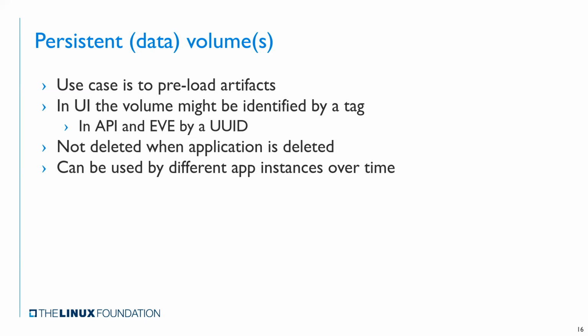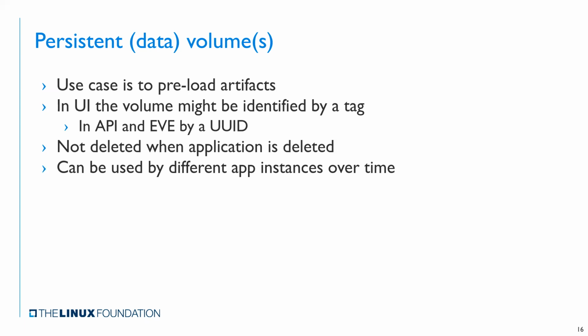In the UI, as you do this, you identify it by some tag or name, and then this actually gets mapped in the API to EVE to a UUID. And as I said, these things have a life cycle that's independent of the actual applications, and they can be used by different app instances over time.